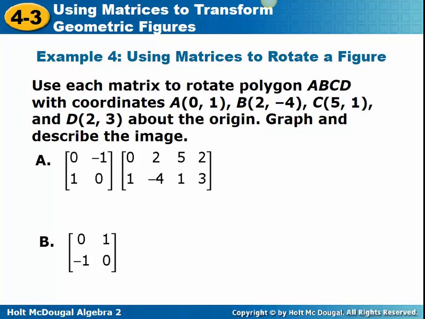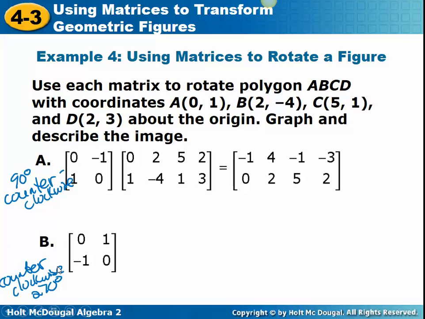So the first one, 0, negative 1, 1, 0, this is rotating 90 degrees counterclockwise. And B is going to be either clockwise 90 or counterclockwise 270 from the page right before. They're going to ask you to describe that when you're done.